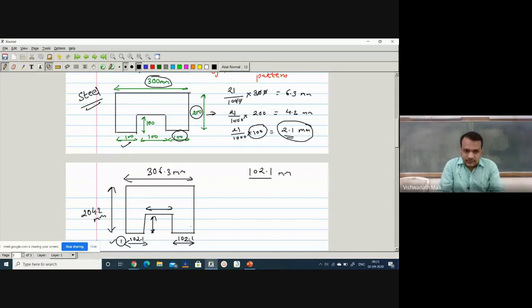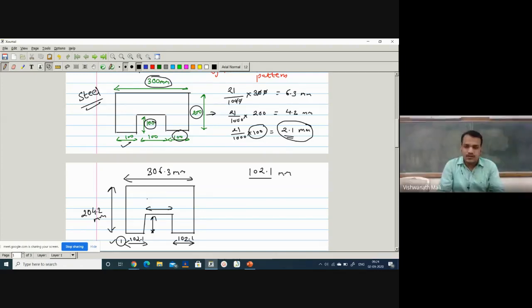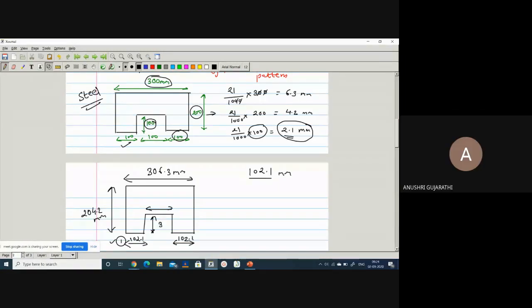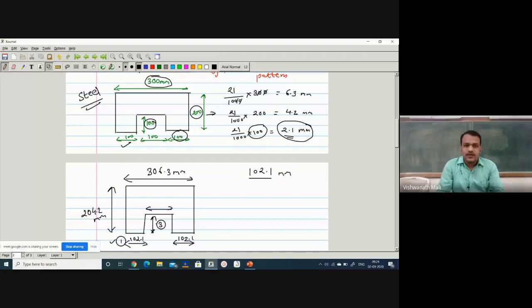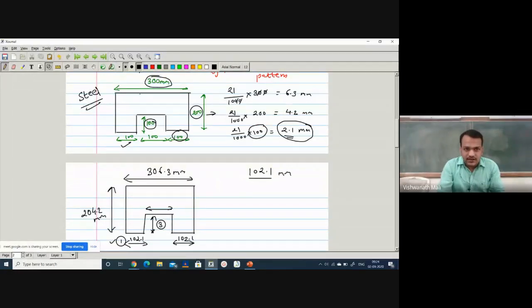Then the next one will be this height. What will this height be? The original height is 100. Now see here, how it is getting shrunk.